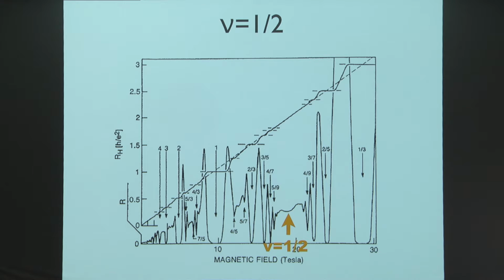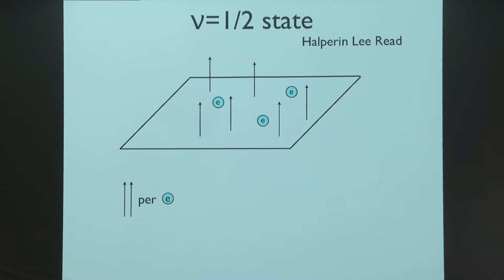This filling fraction nu equal 1/2 plays a central role in the physics of the quantum Hall effect. If we do flux attachment, we cancel exactly the magnetic field.